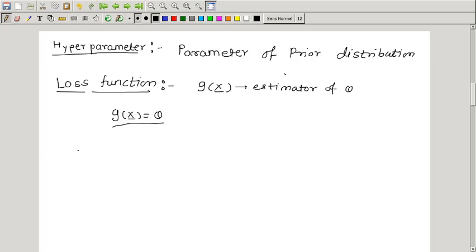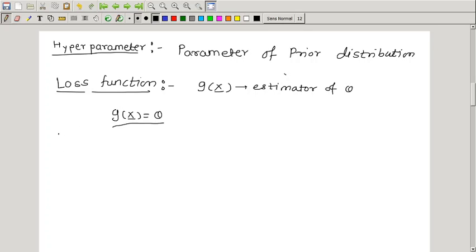These are just the three types of loss function. Before starting these types, we first discuss what is meant by loss function. So here I take the definition of loss function.